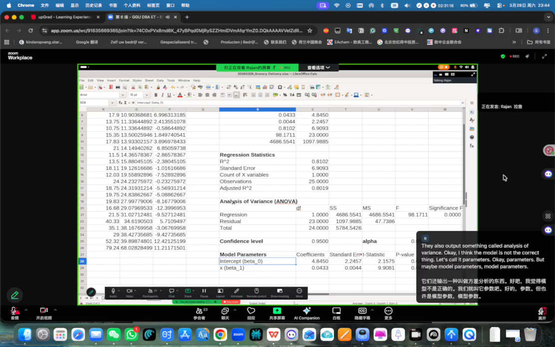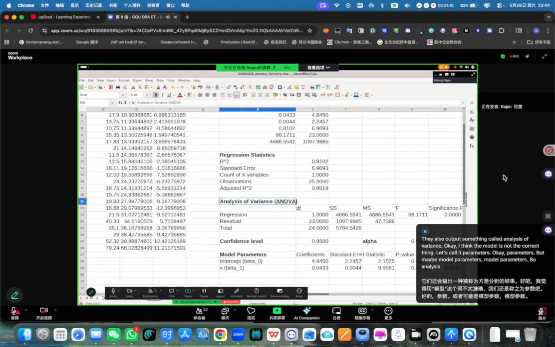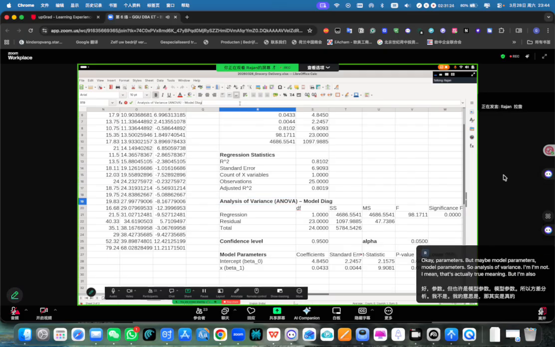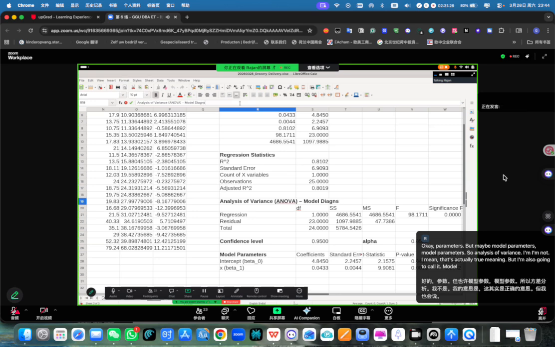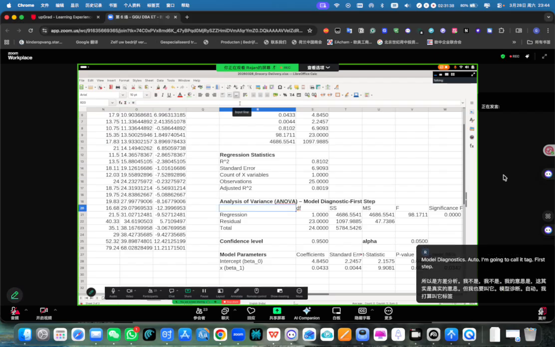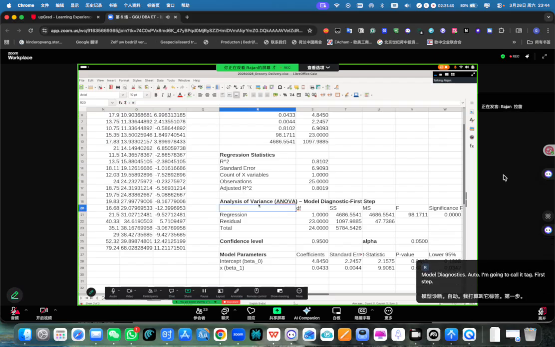The analysis of variance is, as I'm going to call it, model diagnostics, first step.